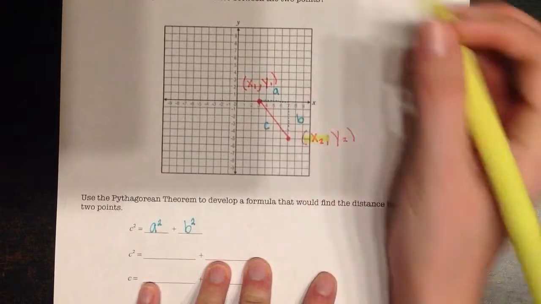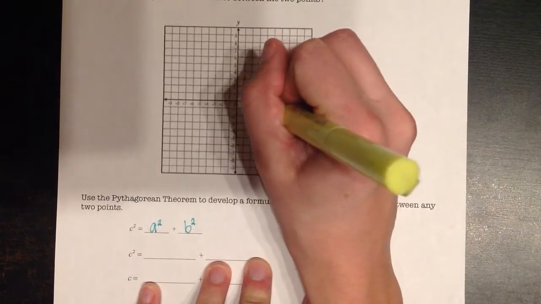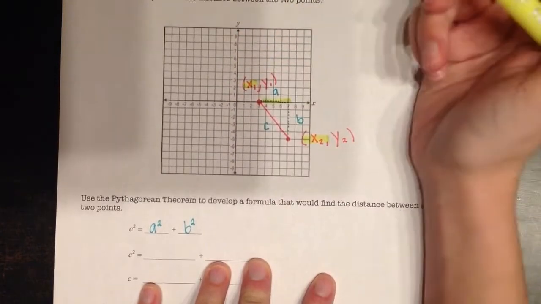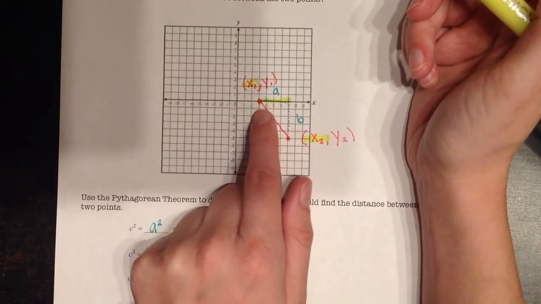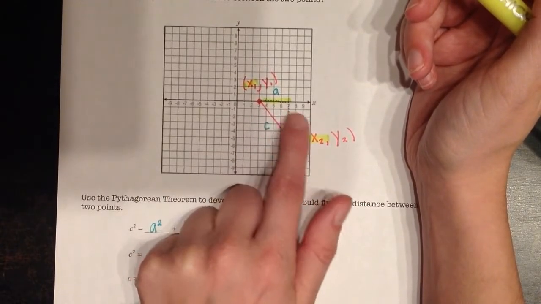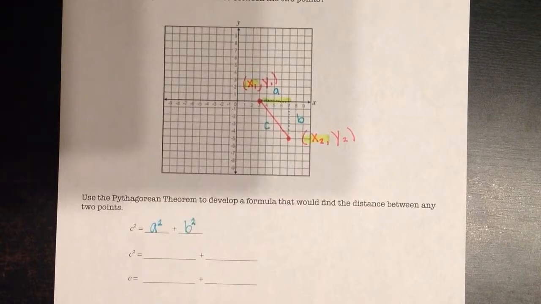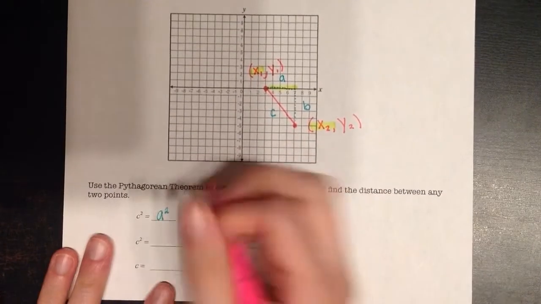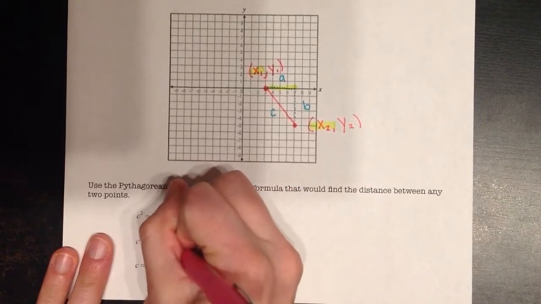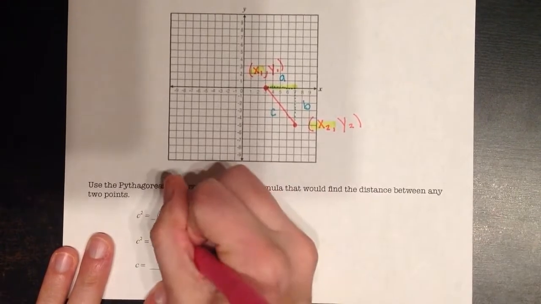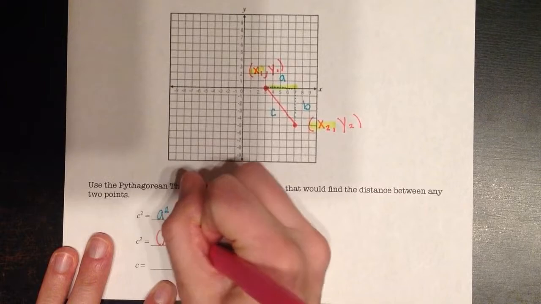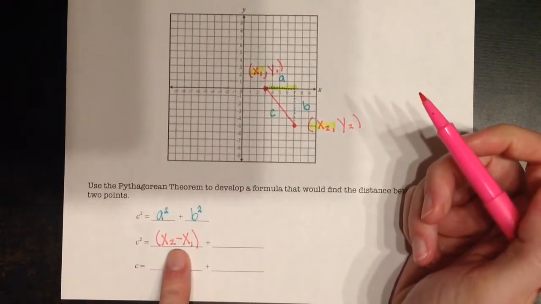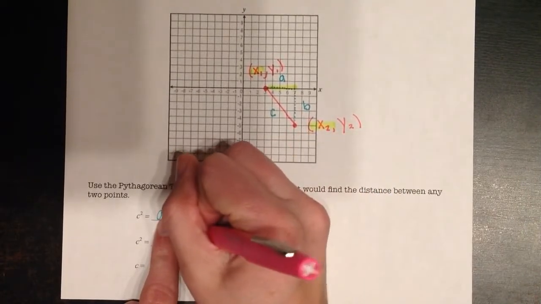Our x2 minus our x1 would tell us that distance across there. 7 minus 3 is 4. 1, 2, 3, 4. So in our formula, I'm going to write that the difference would be our x2 minus our x1. That would give us our a value, but it's not just a, it's a squared.